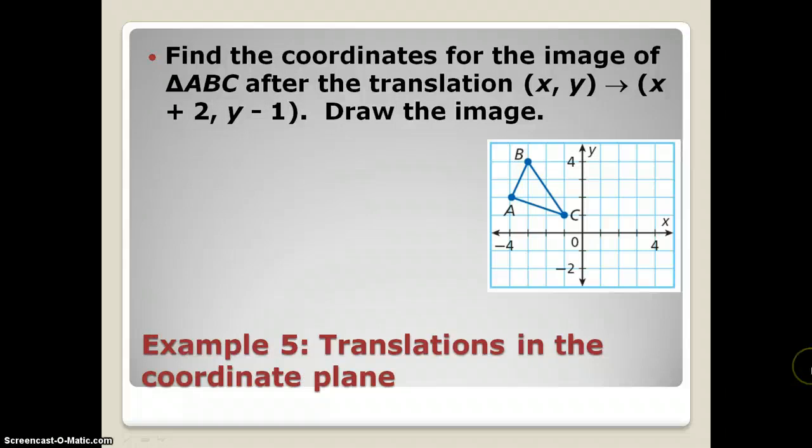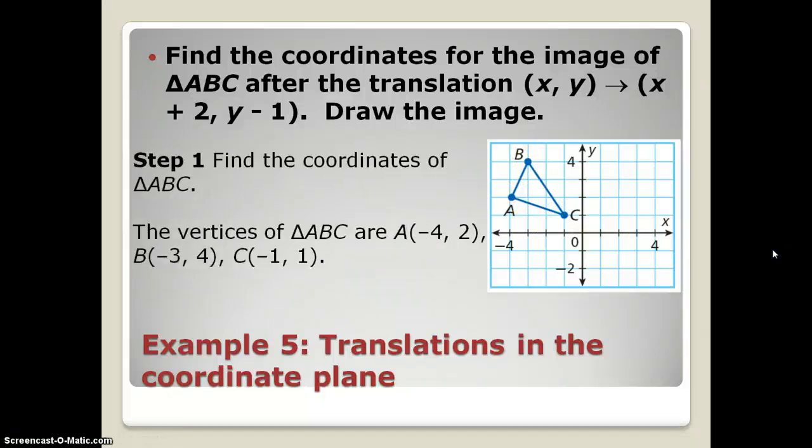For example, if we want to find the coordinates for the image of ABC after the translation (x, y) mapped onto (x plus 2, y minus 1), we're going to draw the image. First of all, we have to figure out where our coordinates started out. The vertices are (-4, 2), (-3, 4), and (-1, 1).